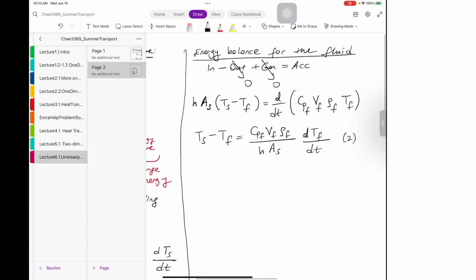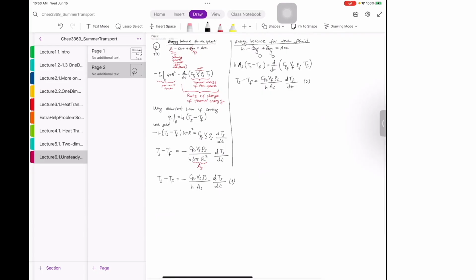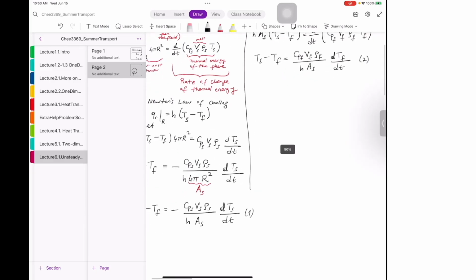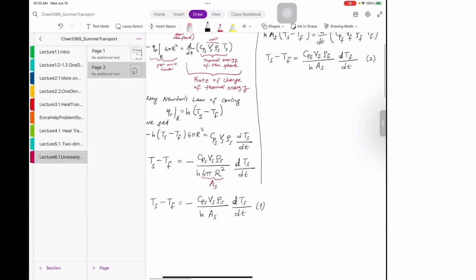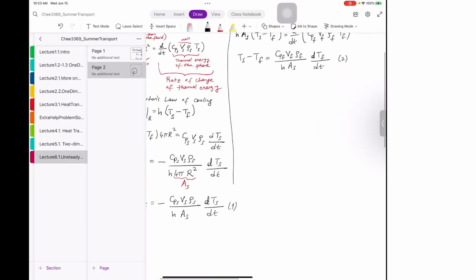How can we proceed? I want to make some simplification using the two equations, right? What we can do is get rid of this Ts minus Tf by dividing 1 by 2. So you get a simpler formula.